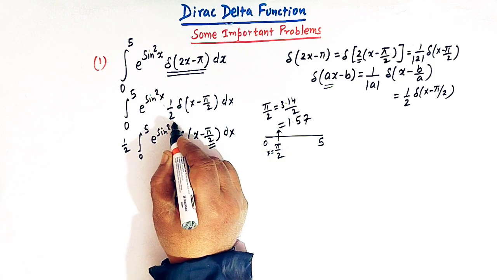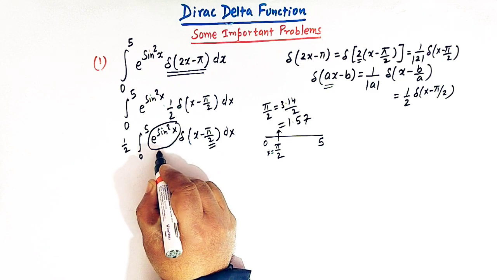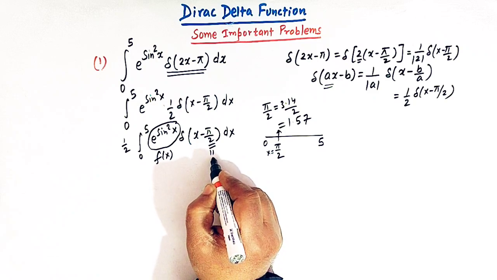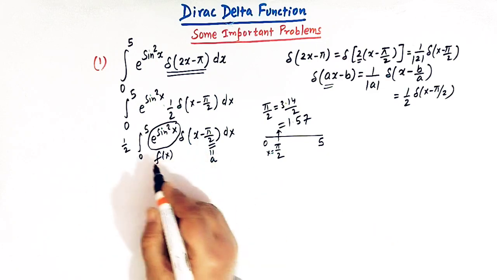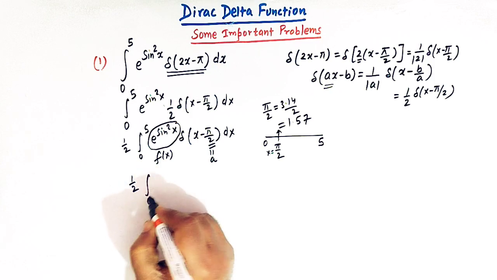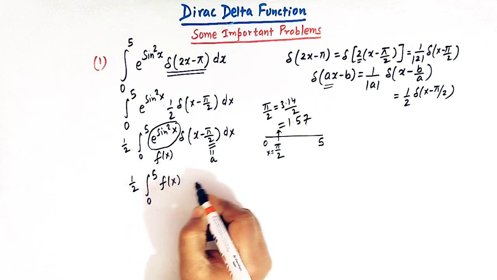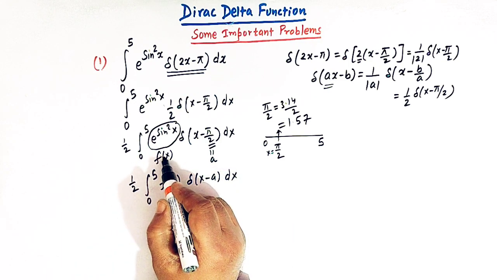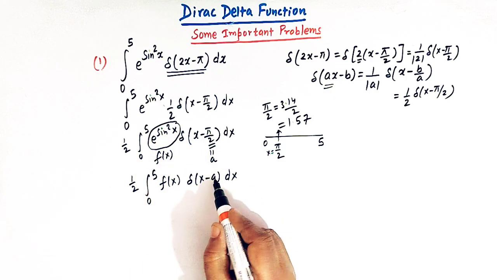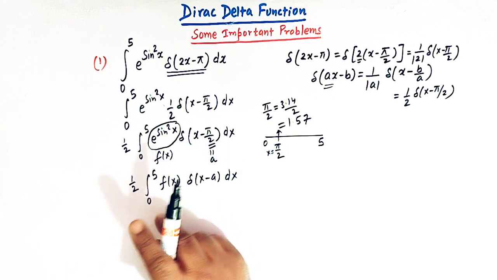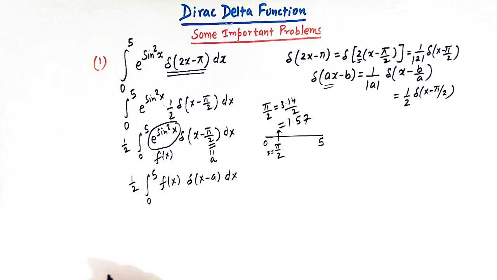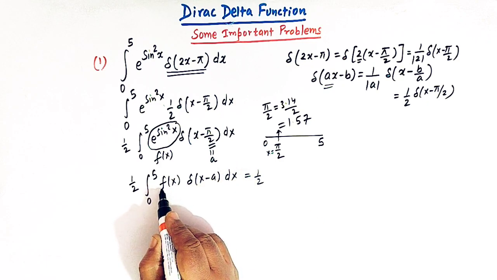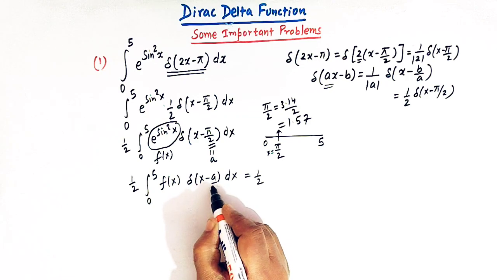So let us take this function as f of x, and let us take pi by 2 as the point a. So we can now have the integral from 0 to 5 of f of x delta of x minus a dx, right? So f of x is e raised to sine square x and a is pi by 2. Now according to the definition of the Dirac delta function, the value of this integral is equal to the value of this function at this point.